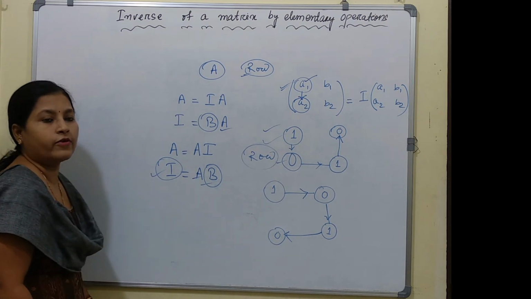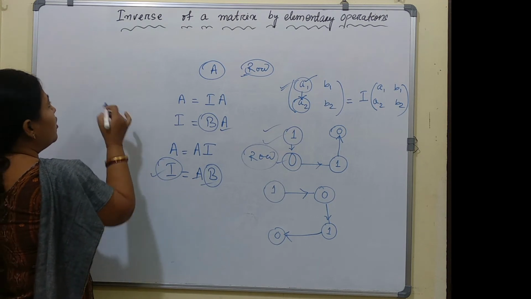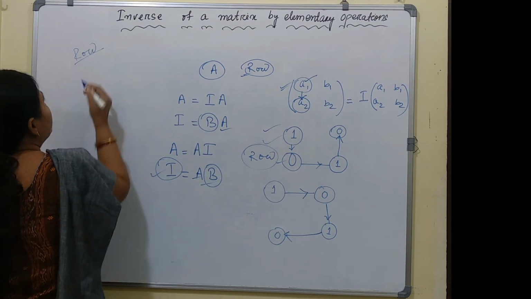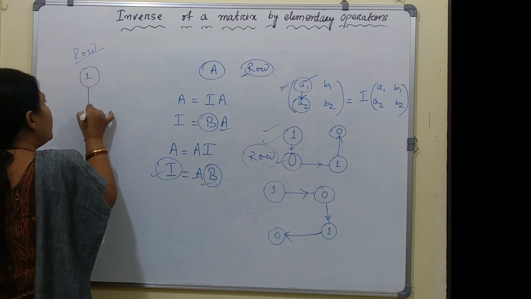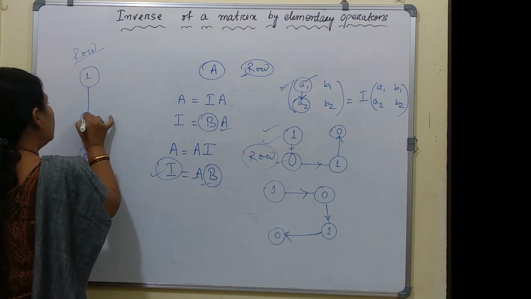Similarly, for order 3 matrices, using the row operation, first convert this element to 1. After that, these two elements are 0, 0.